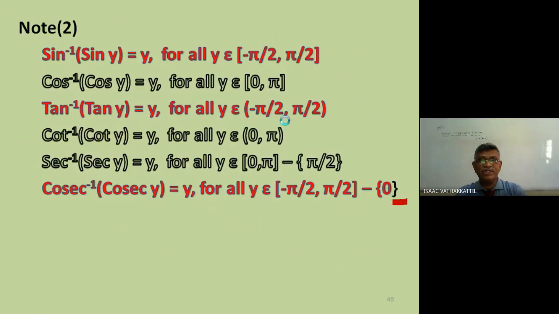See, there are three functions whose principal domains are associated with minus pi by 2, I marked with red, and three functions which are associated with 0 to pi: cos, cot, sec.